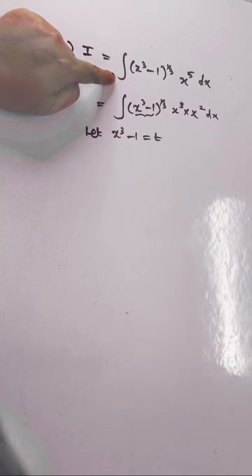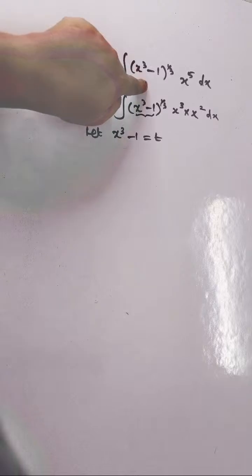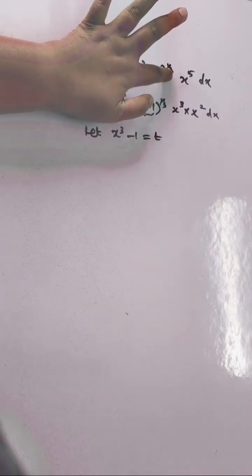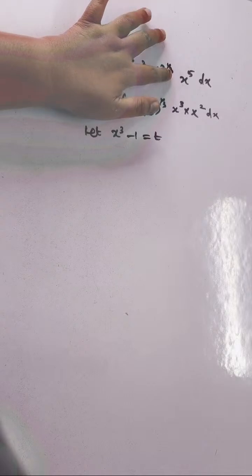So what we are doing is, since this term is power 1 by 3, it is not that easy to expand. It is a lengthy process. So we are rearranging this x power 5, splitting it into two terms.